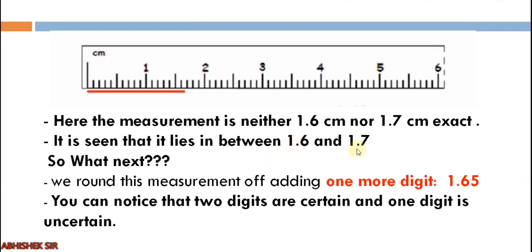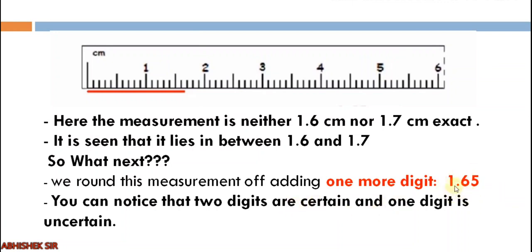Okay, so here you see, in this it was 1.6, so two digits were there. Over here it was 1.7, two digits. But here, apart from the two digits, we are adding one more digit, this one. You see carefully. That is why we are interested in the number of digits. Significant figures are nothing but the important digits that are taken care of in any kind of measurement, right?